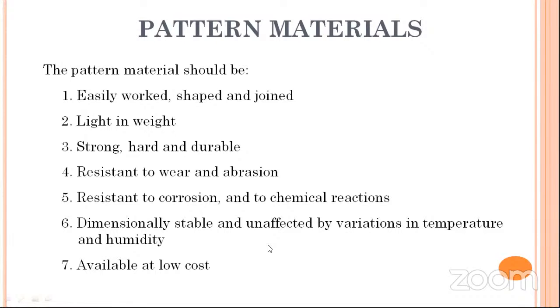So if you want to make a complex component, then the pattern should be easily manufactured into complex shapes, and at the same time the pattern should have dimensional stability. If it loses its dimension, then it is very difficult to get the same shape or size.